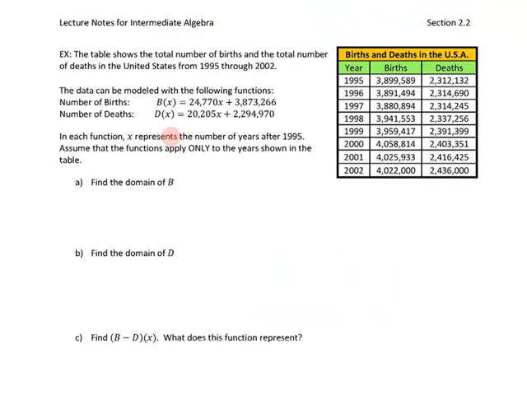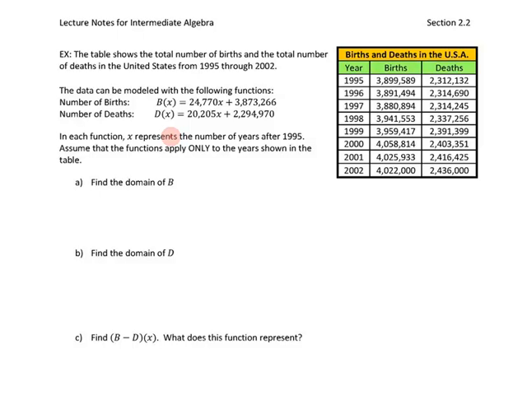Here in this example, we're given a table that shows the total number of births and total number of deaths in the United States from 1995 through 2002. The data can be modeled with the following functions. The number of births is modeled by the function b of x equals 24,770 times x plus 3,873,266, while the number of deaths can be modeled by a similar function d of x, 20,205x plus roughly 2.3 million.